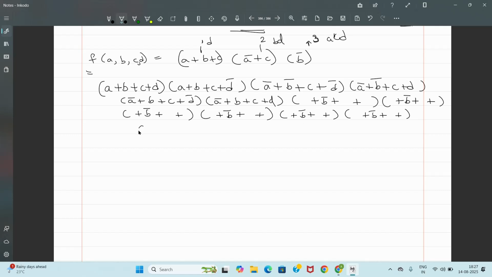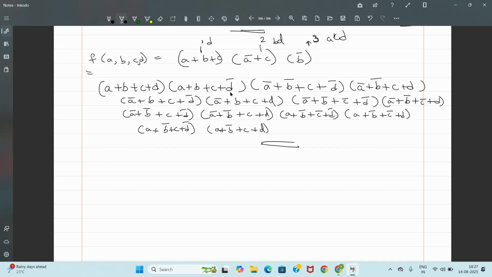Now the combinations: a bar c bar d bar, a bar c bar d, a bar c d bar, a bar c d, a c bar d bar, a c bar d, a c d bar, a c d.